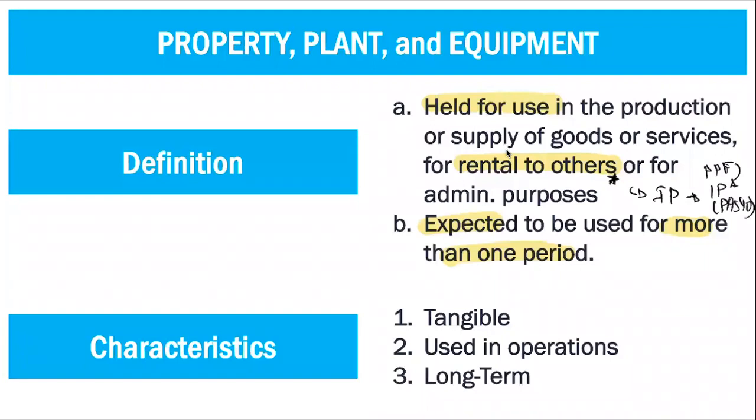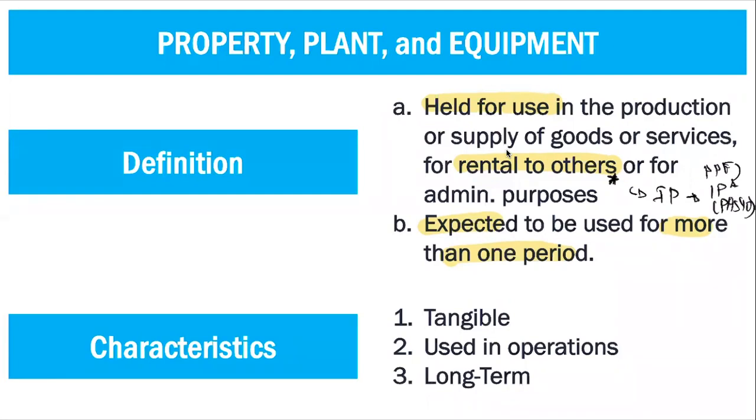You should know by now that in a property, plant, equipment, one characteristic is tangible and not ownership. Because so long as you can touch the property, even if you don't own it, so long as the benefits will accrue to you, it is still considered property, plant, and equipment.